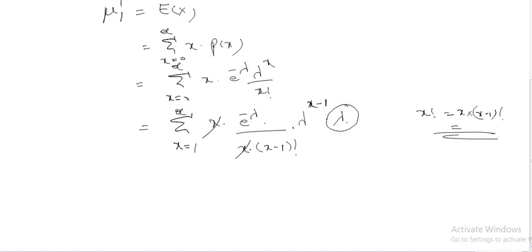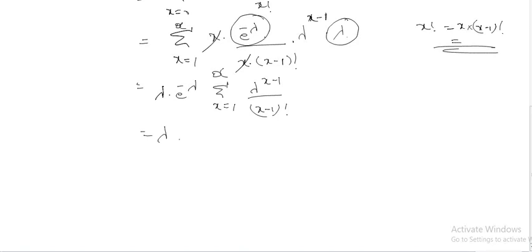Now take this constant, e power minus lambda, and lambda outside: lambda e power minus lambda summation x equals 1 to infinity, lambda power x minus 1 by x minus 1 factorial. Now if you expand this, what will it become?